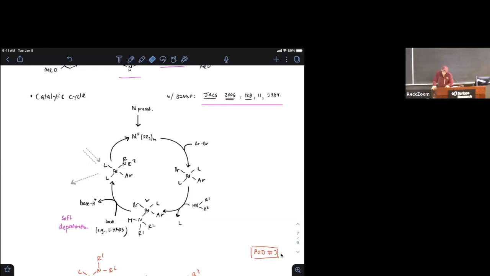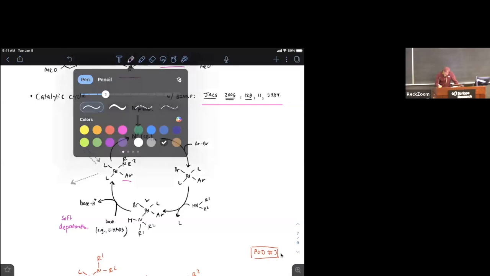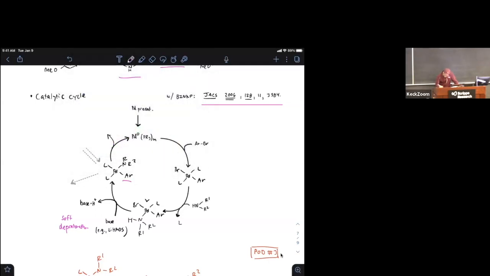To me, from the intermediate that's shown. Yeah, that's right. Which intermediate? From this intermediate, these potential off-cycle species. So I would guess there is a potential that C-N reductive elimination can happen, but it's not that easy. Okay, that's one thing to be concerned about.